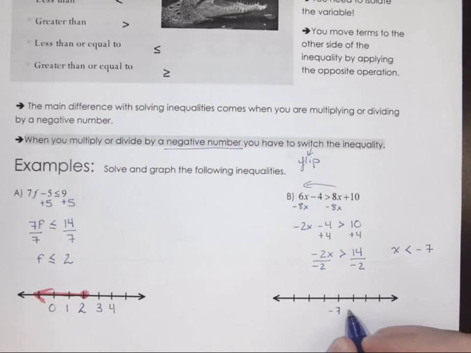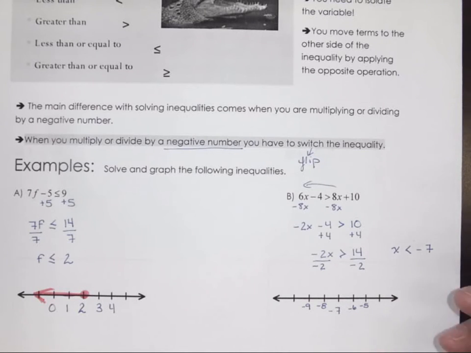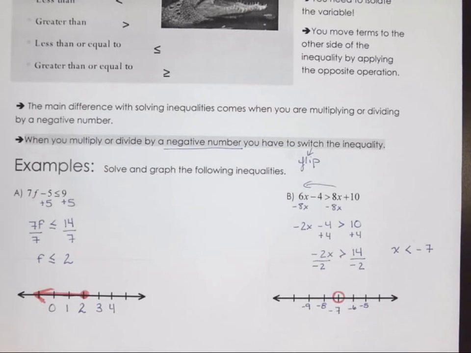So negative 7: numbers that are greater are negative 6 and negative 5. Less than are going to be negative 8 and negative 9. Again, I'm writing really small just so that they're right under the tick. So x is less than negative 7. Open or closed circle at negative 7? It's going to be open because there's no equal sign with it.